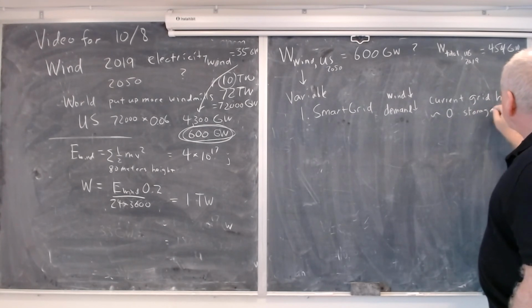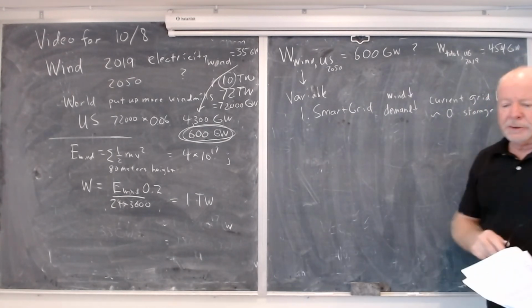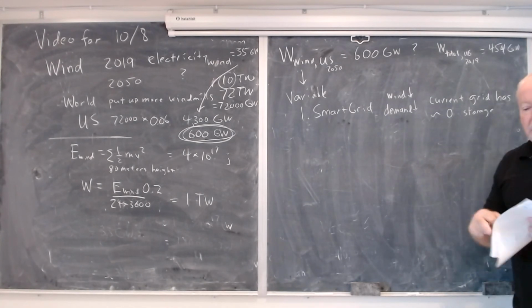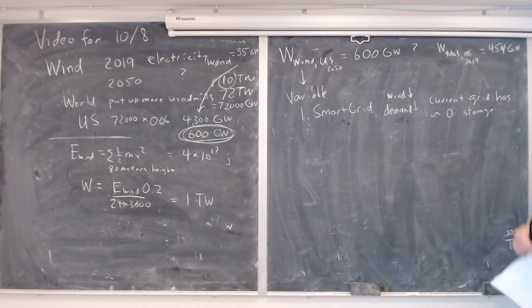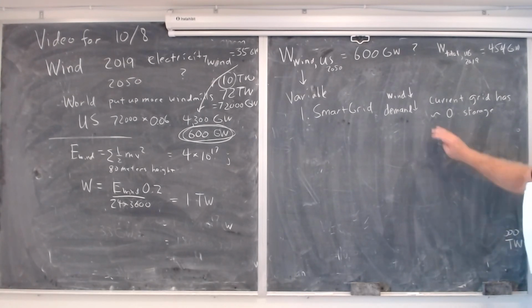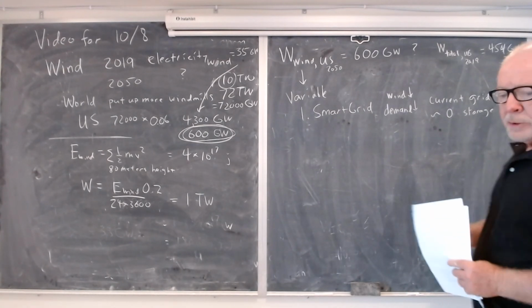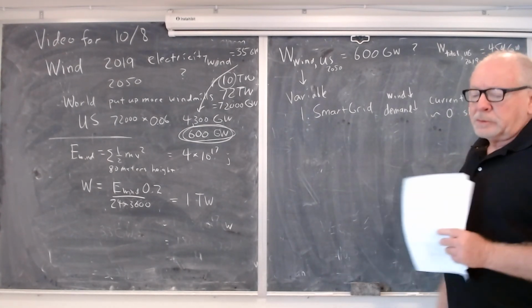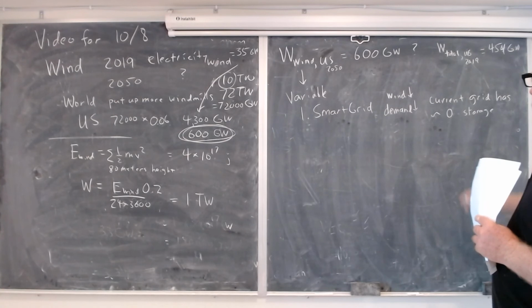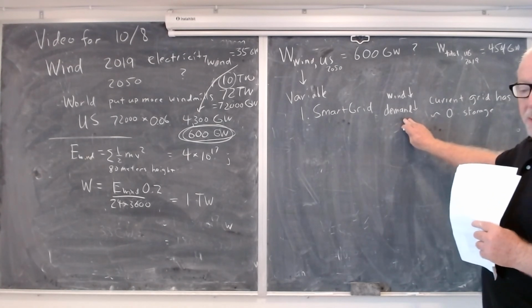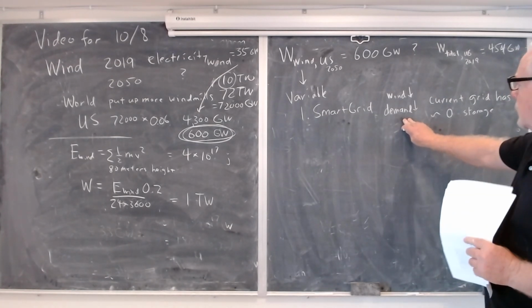There are little bits of storage here and there, but compared to the numbers you need, it's approximately 0. Meaning, when the utilities generate electricity, every amount that they generate minus the losses in distribution is going to get used by someone. And so what the smart grid is saying is, okay, we can have demand response.